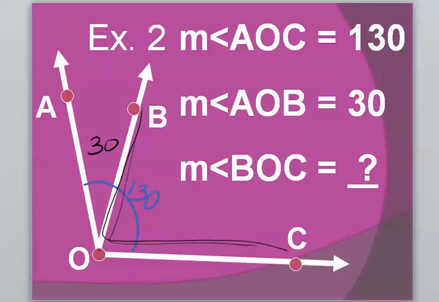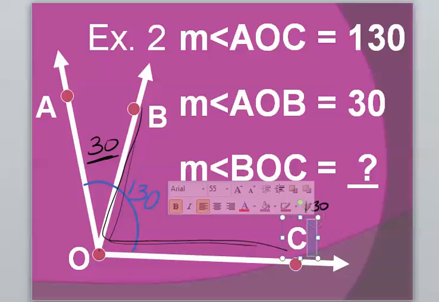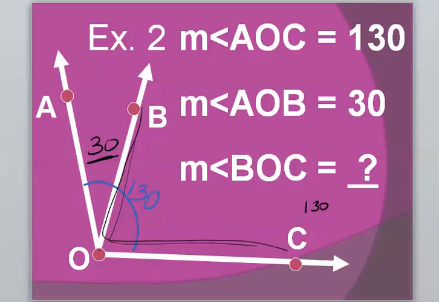This time we would subtract. If the entire angle is 130, and this angle is 30 degrees, 130 minus 30 tells us that the measure of angle BOC would be 100 degrees.